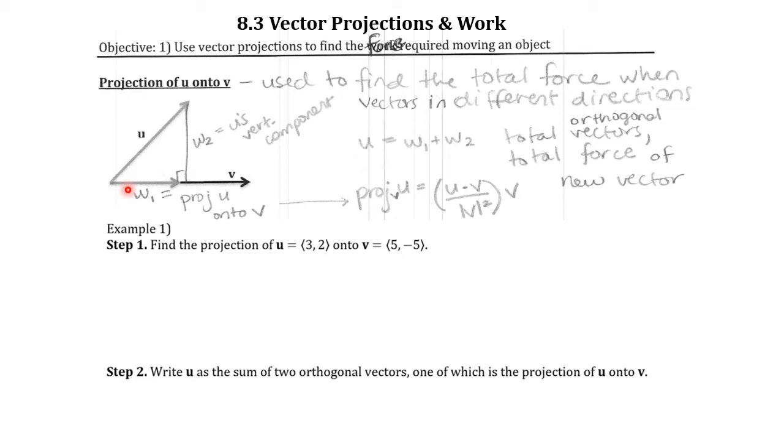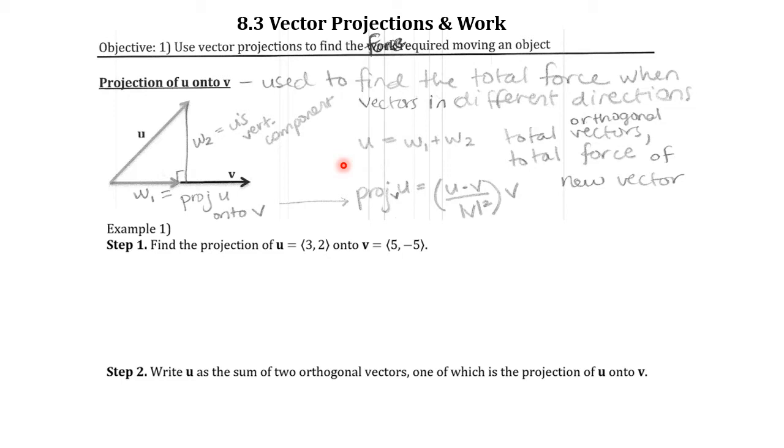And to keep the integrity of U, we take into account its other component, the vertical component, and as you can see, they are at right angle to each other, so they are orthogonal, which is this right here, orthogonal vectors. So U doesn't really change, but we have its projection to help us figure out the force.